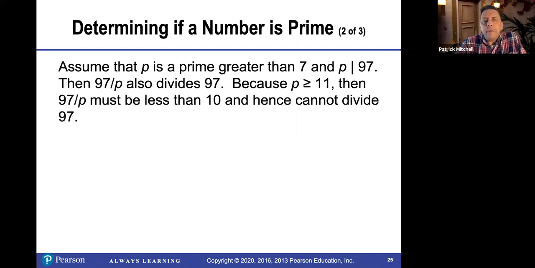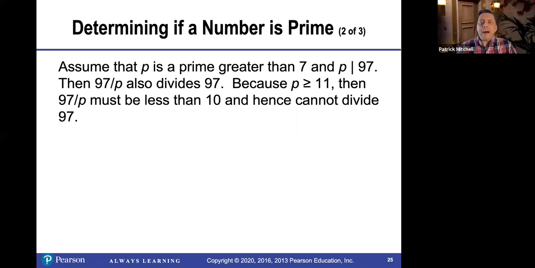So now assume that P is a prime greater than 7 and P divides 97. Then 97 divided by P would also have to divide 97. So think back to when we were looking at the number 24. And we said that since 3 divides 24, so does 24 divided by 3, which is 8. Okay, so that's all they're saying here.